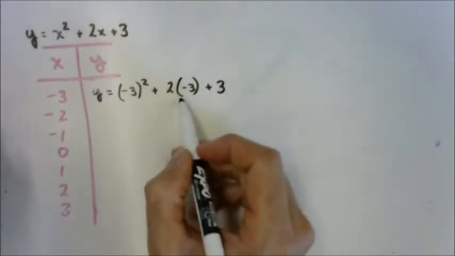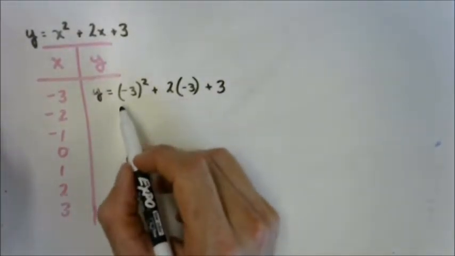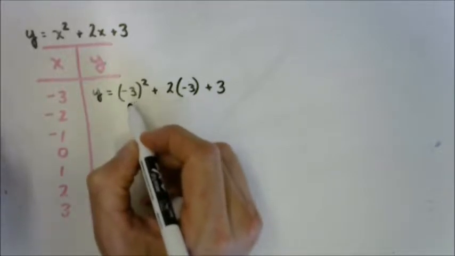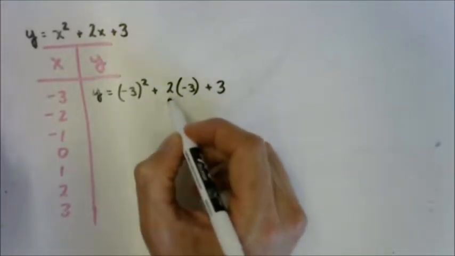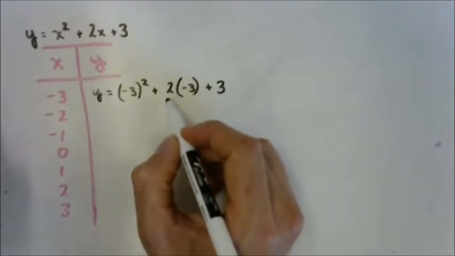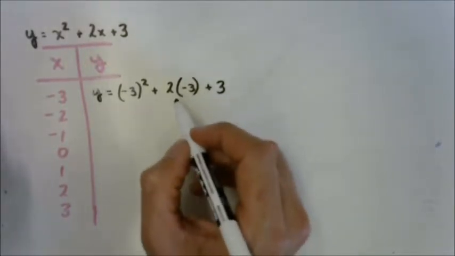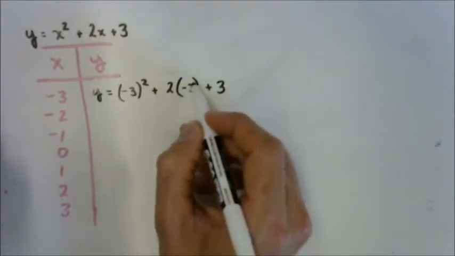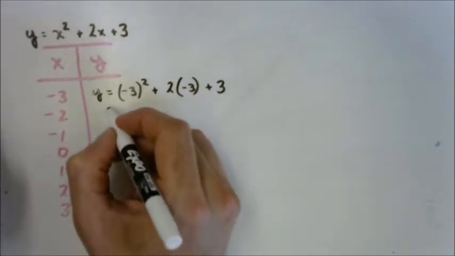And it's very important to use brackets in this situation so that you can see that the negative sign is permanently attached to the 3. Same here, it's 2 times (-3). We don't want to mistake this with 2 minus 3 or anything like that. That negative sign belongs to the 3. The value of this whole number is -3.